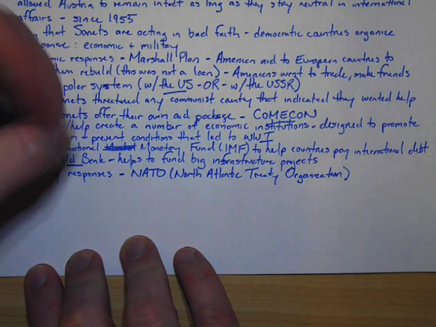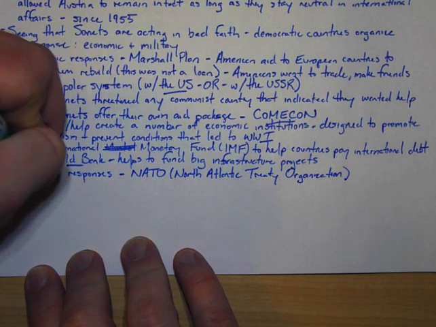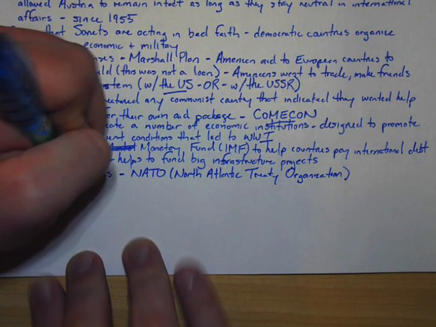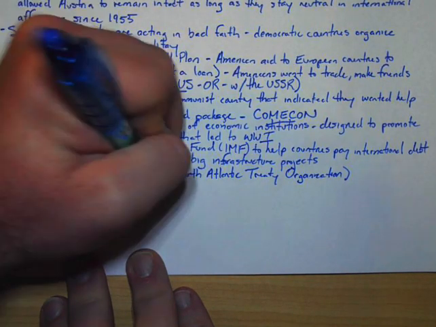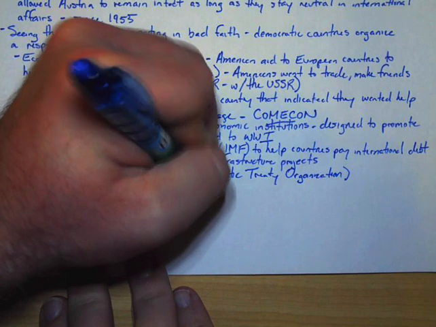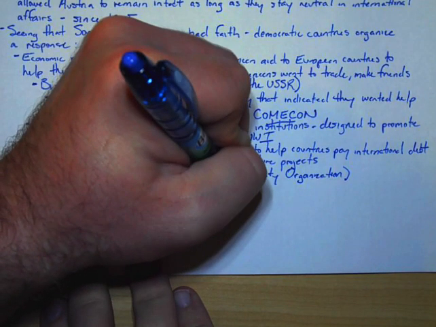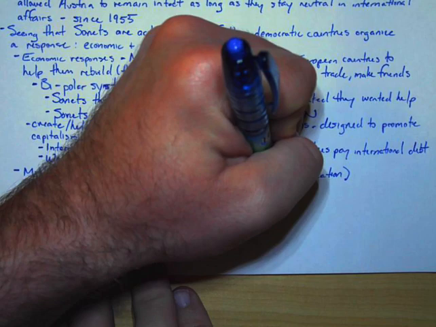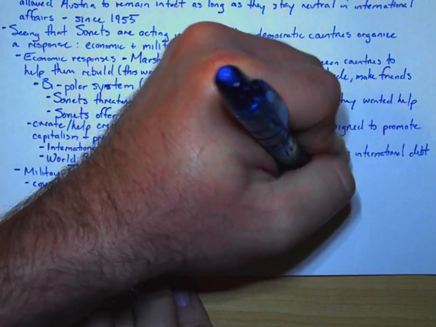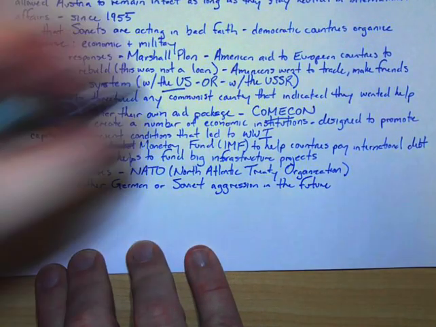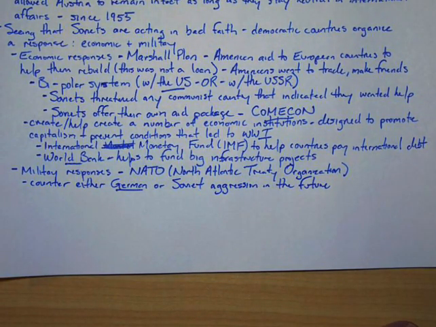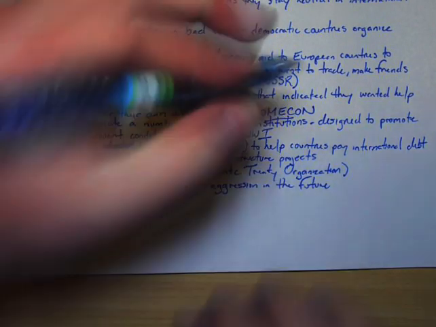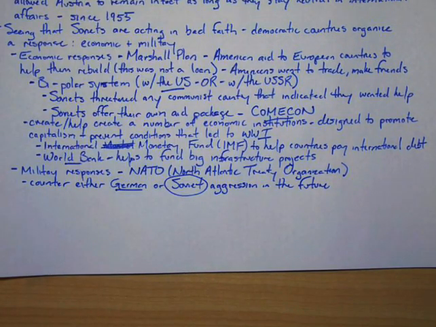And it was designed to counter either German or Soviet aggression in the future. Now, over time, the Germans will start playing by all the rules and they won't really be a threat. So really what NATO is about is countering Soviet aggression.